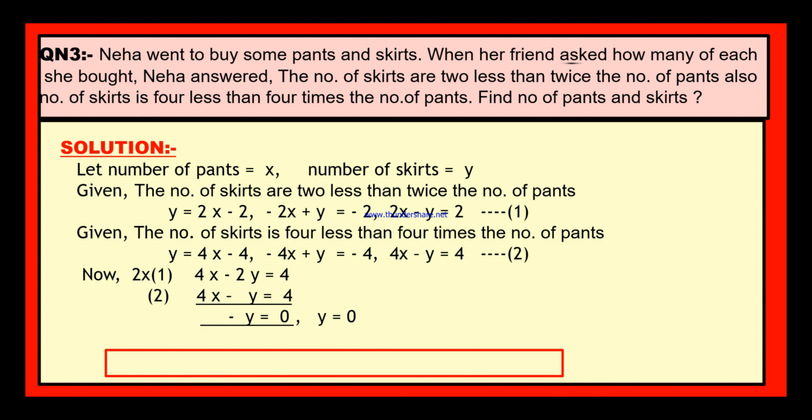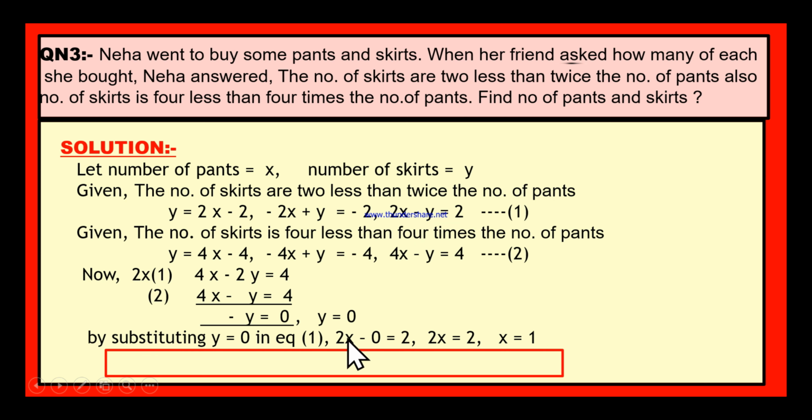Now let us substitute the y value in equation 1. Here we got y is equal to 0. By substituting y is equal to 0 in equation 1, 2x minus y is equal to 2. Here y is 0. Therefore, 2x minus 0 is equal to 2.